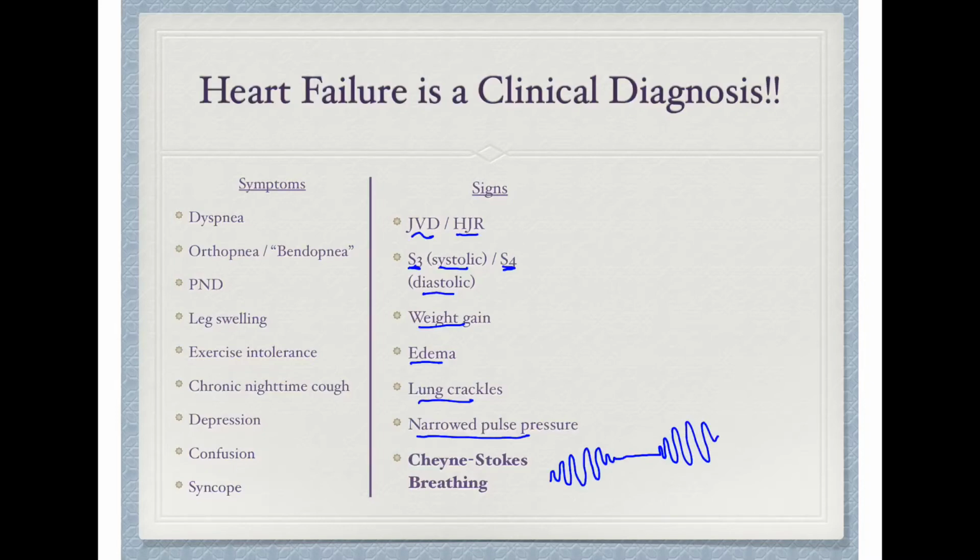This is a finding seen as a result of defects in the central autoregulation of breathing in the respiratory control centers, particularly noticeable in patients with heart failure.